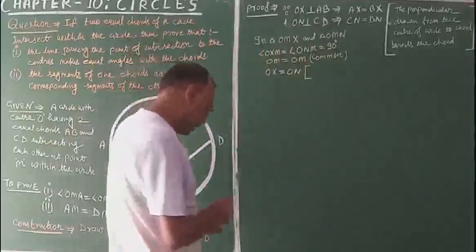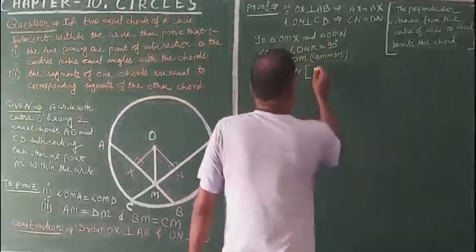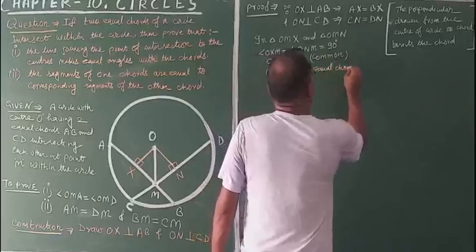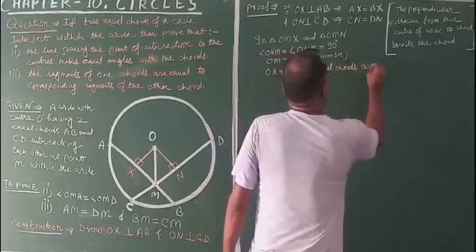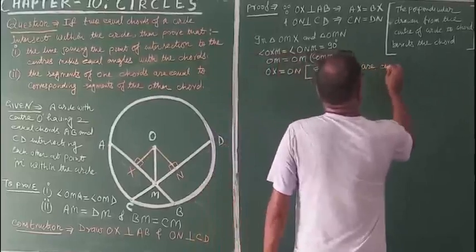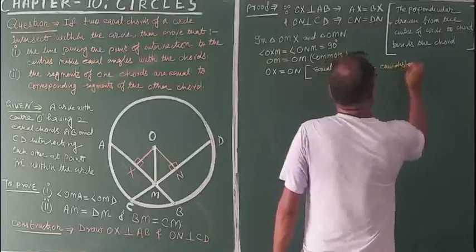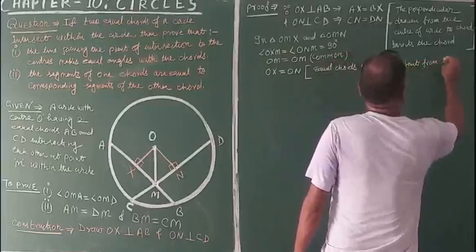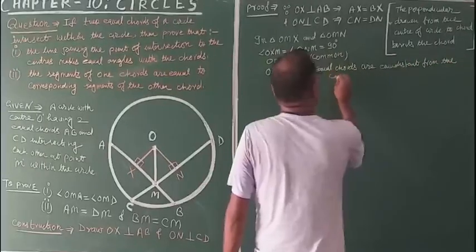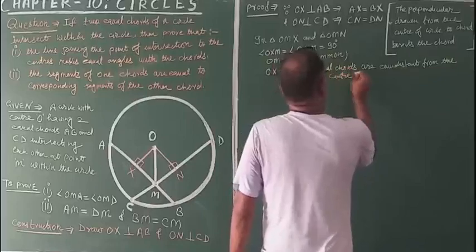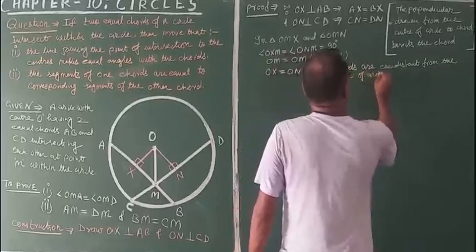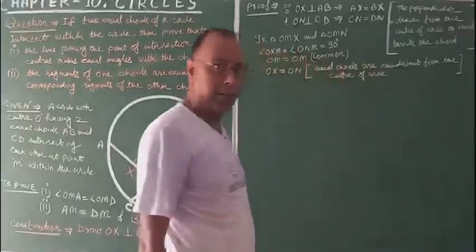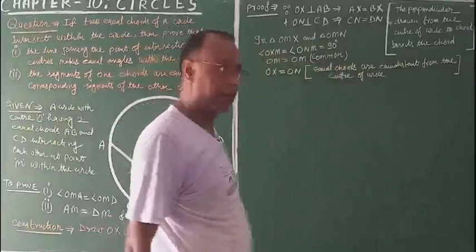So what is the reason for this? Equal chords are equidistant from the center of circle.